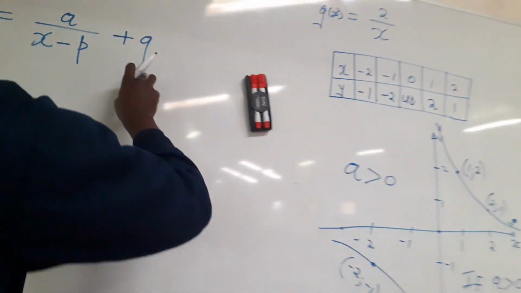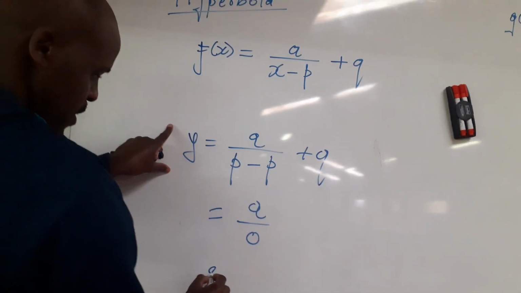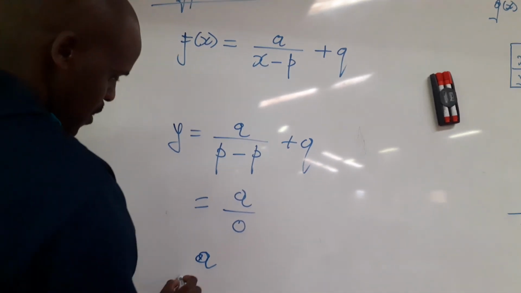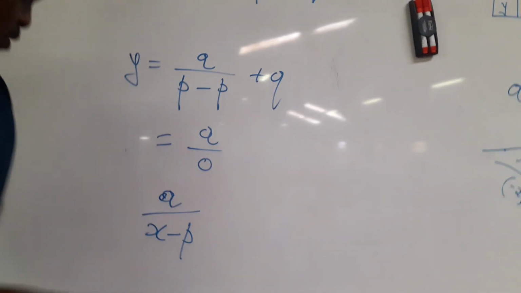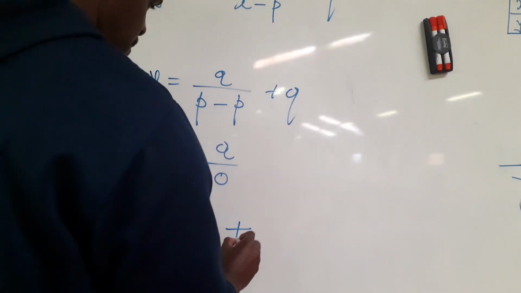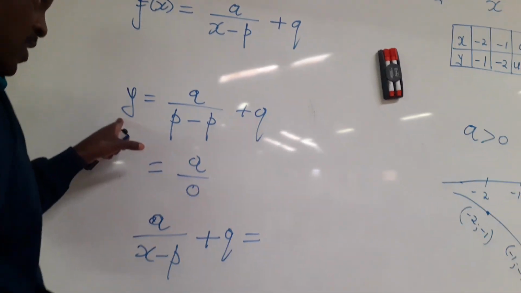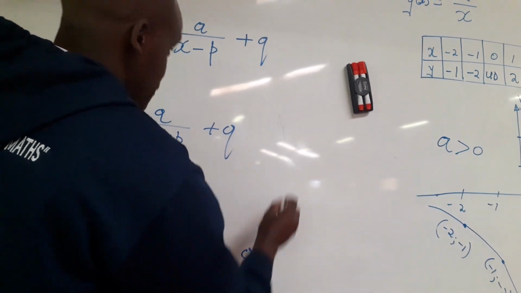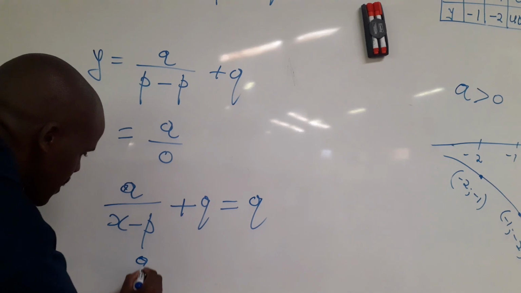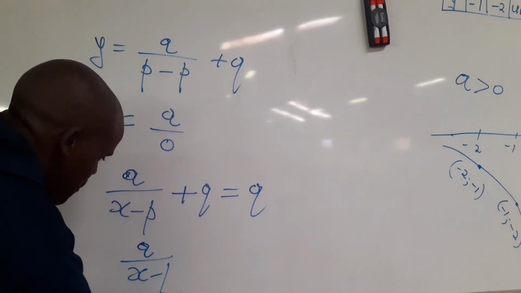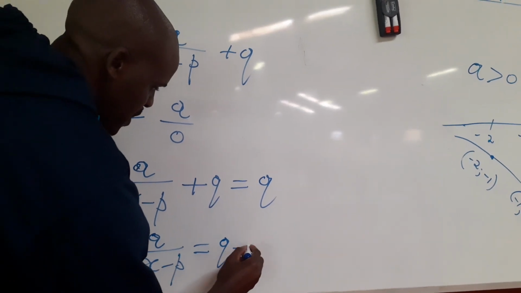Right, again, let's put q in the place of y. It's a over x minus p plus q. We are putting q in the place of y, right? A over x minus p will be equal to q minus q.